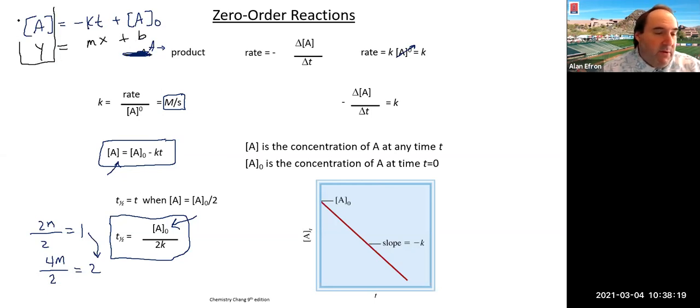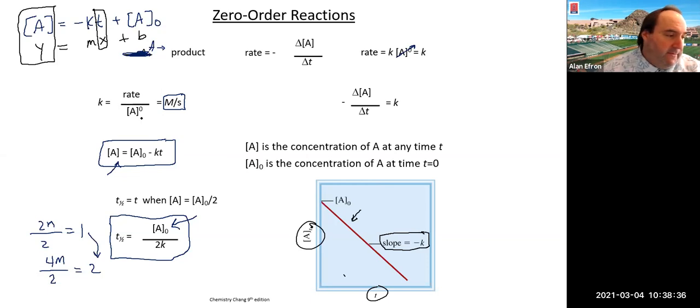That tells us what we should be graphing here. On the y should be our concentration. On the x should be our time. Again, it should yield you a straight line, which it does. Also a negative slope happening with that line, which is why the slope is equal to minus k, which is what we see here. So that is the typical graph associated with zero order.